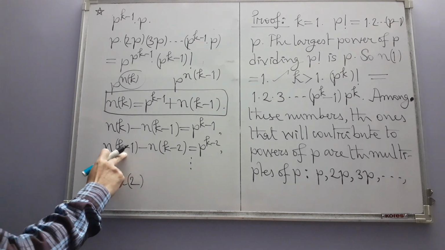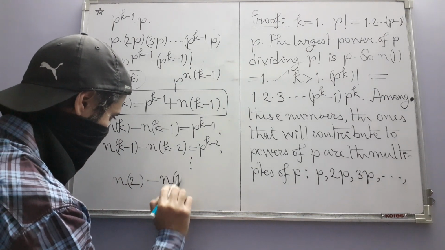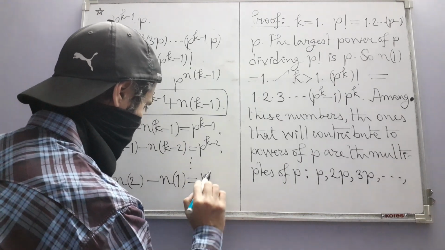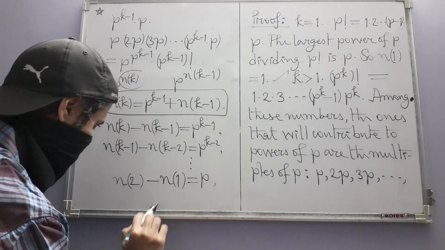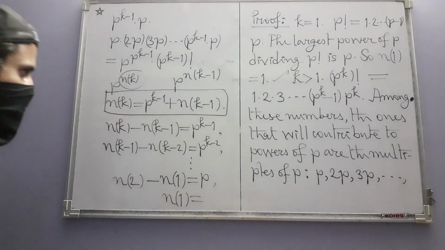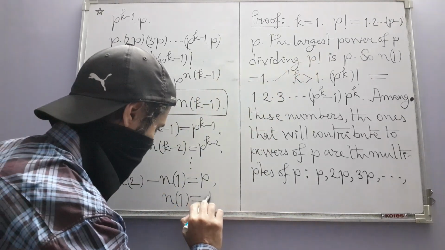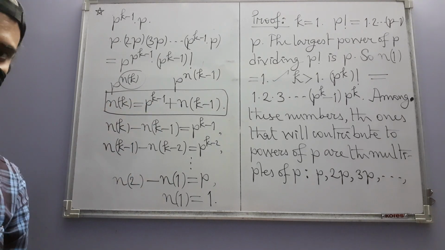That we get when we put k equal to 3. So when k is 3, this is p. And finally, there is one n1 also, which we have already found. n1 is 1. Now we can add these equations together.